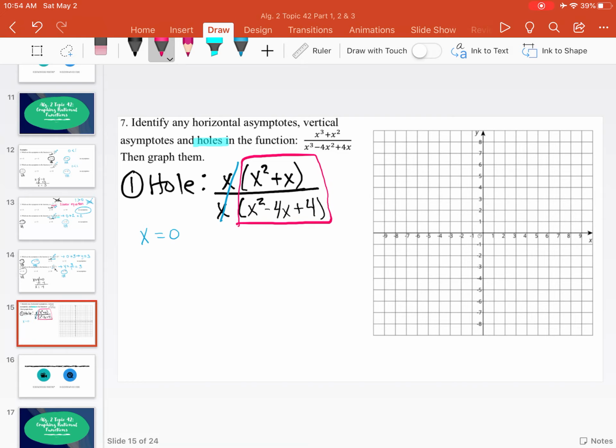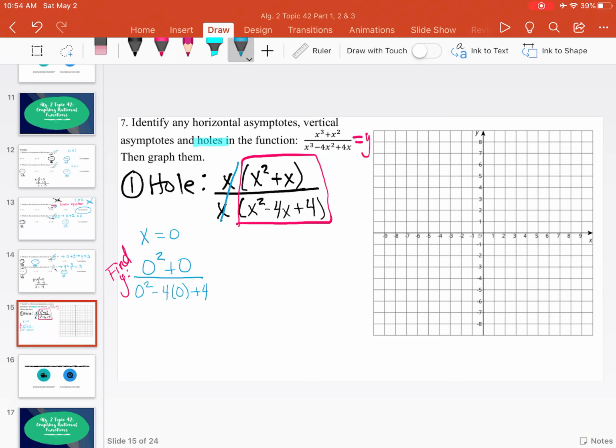So what I'm going to do is plug in 0 into this new function. So I'm going to have 0 squared plus 0 over 0 squared minus 4 times 0 plus 4. And this is to find the y-coordinate, because this entire expression is equal to y.